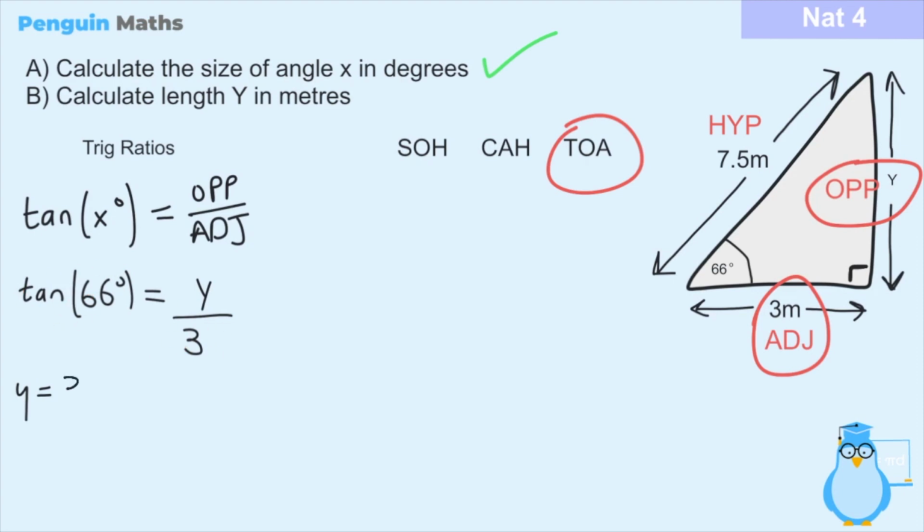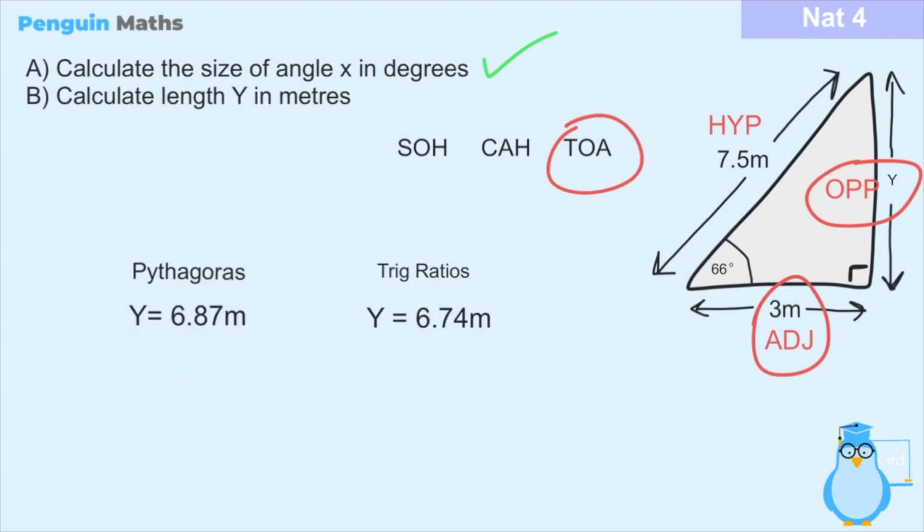So y is equal to 3 multiplied by the tan of 66 degrees, and we get an answer of 6.74 metres.